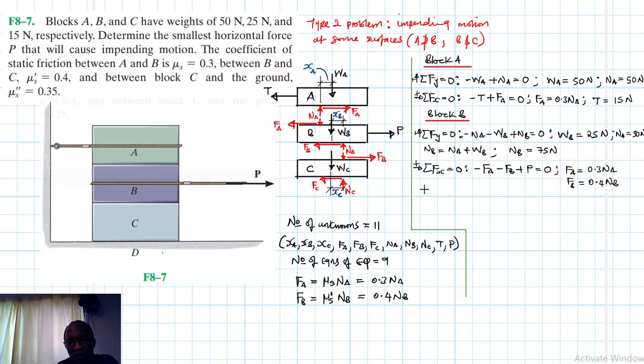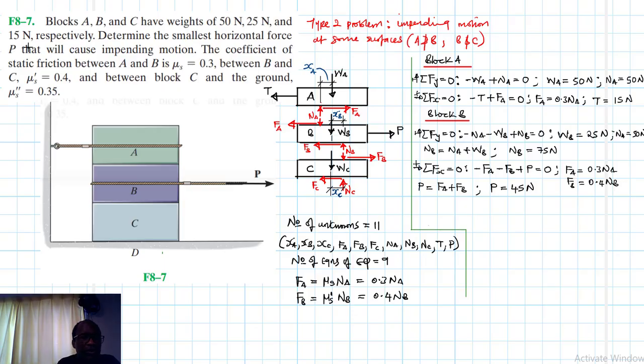Therefore, our P is equal to FA plus FB. So it's just 0.3 times NA, what is NA? It is 50, plus 0.4 by NB. NB is 75. So this gives us 45 newtons.